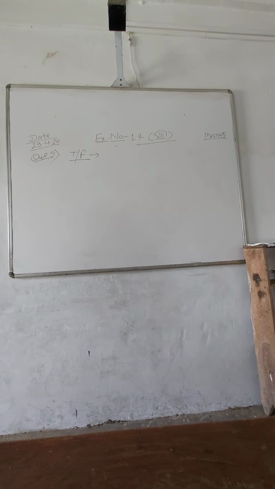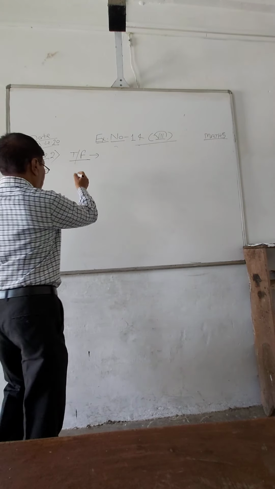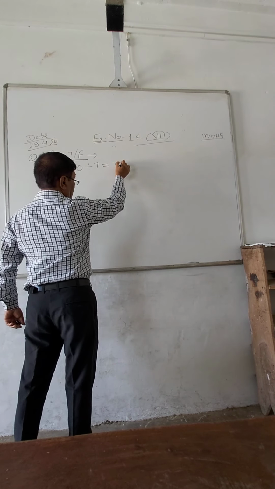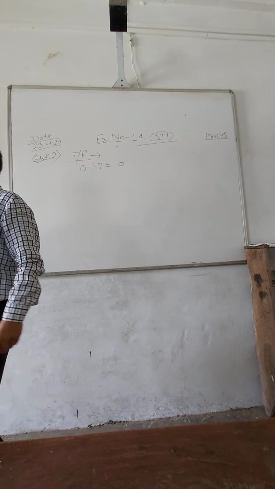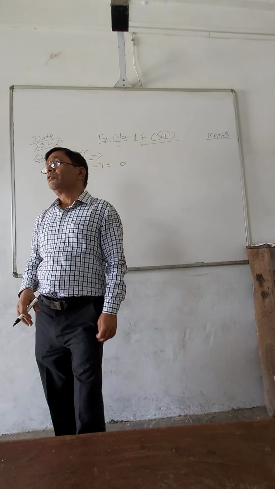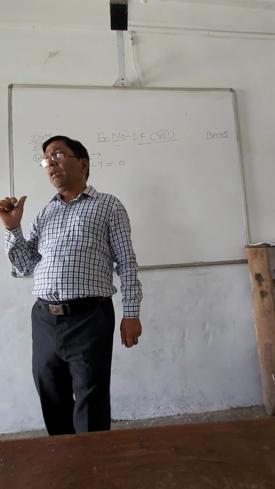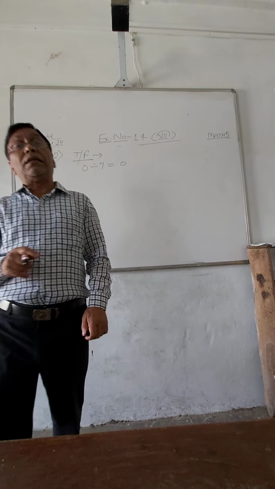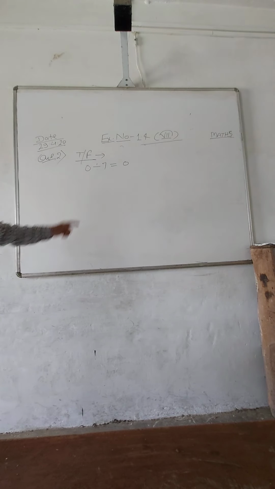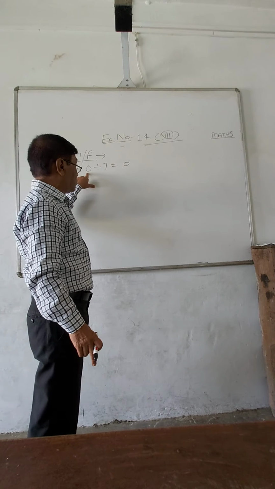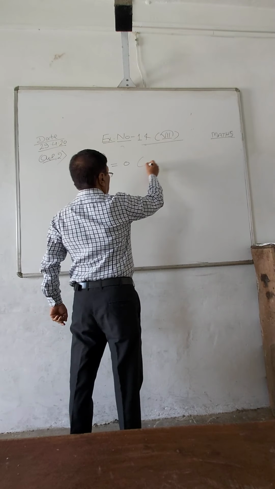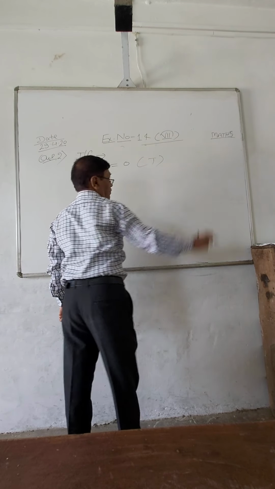First was 0 divided by 7. 0 divided by 7, it is coming 0. So as I have told you already, if 0 is divided by any number, either positive or negative, it always comes 0. Because for the case of 0, neither it is positive nor it is negative. 7 से इसको divide करोगे तो 0 आएगा. This is true. So here you will put true.